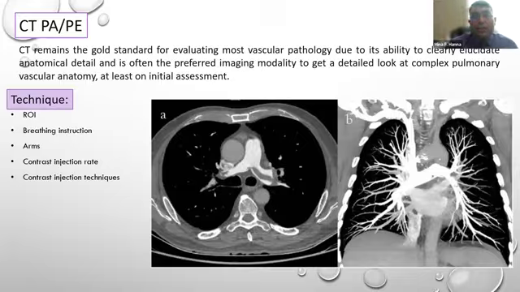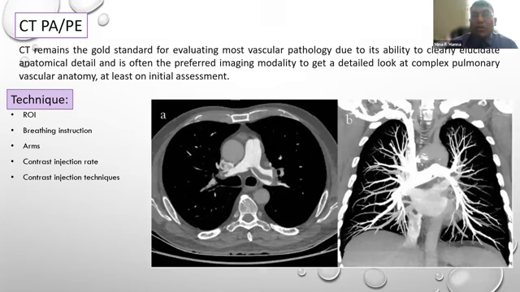With contrast bolus tracking, we put the ROI, as we mentioned, on the main pulmonary artery, and the machine keeps checking every few seconds, or every second, how much contrast has arrived in the main pulmonary artery. Once it reaches the threshold, like 150 Hounsfield units, 160 Hounsfield units, whatever, depending on the machine, it starts the scan.